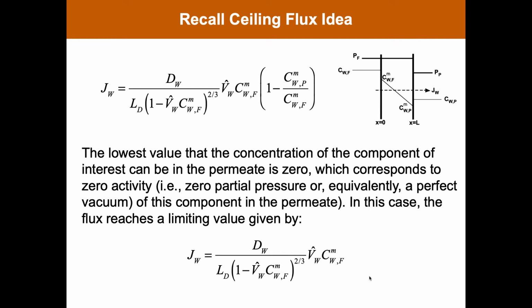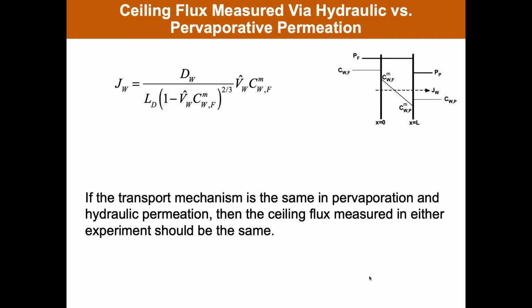This ties in very well to the sealing flux value. And if the transport mechanism is the same in pervaporation and hydraulic permeation, the sealing flux has to be the same. Remember, what was the sealing flux? Where'd that come about? In organic solvent transport through membranes.